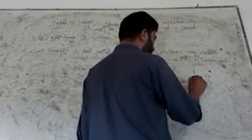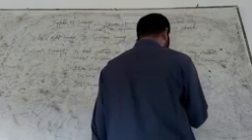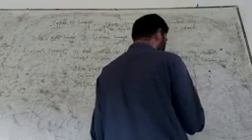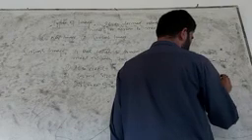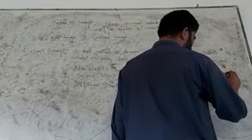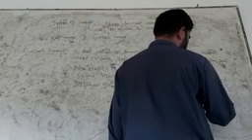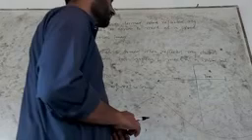If the object is at a distance of 1 meter from one side, the image will be at the same distance of 1 meter on the other side.